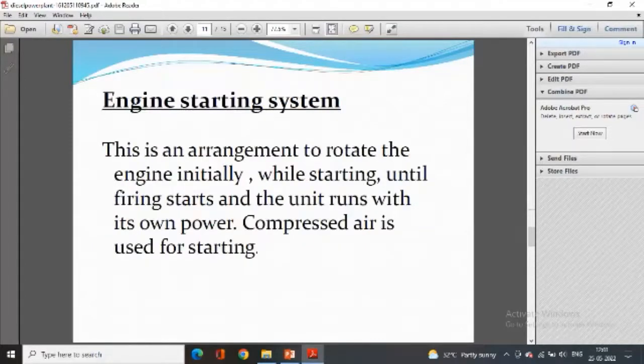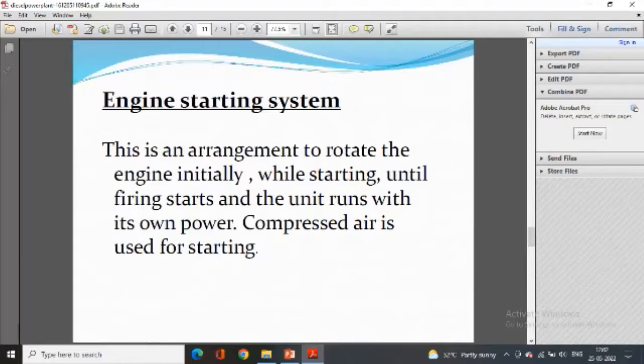Engine starting system. This is an arrangement to rotate the diesel engine initially while starting until firing starts and the unit runs with its own power. Compressed air is used for starting. As we all know, the diesel engine is not a self-starting engine.